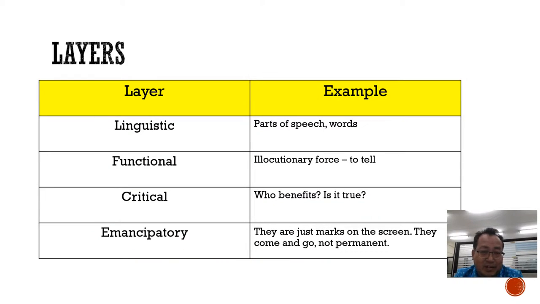And on the layers here, you can see the first one, the linguistic layer. We can analyze that particular discourse by looking into the use of cohesive devices and lexical devices like parts of speech, collocations, conjuncts, reference, or the use of parallelism.